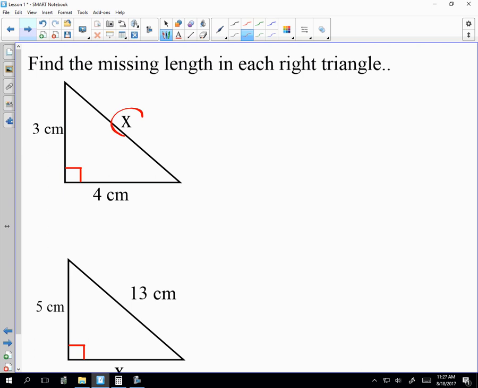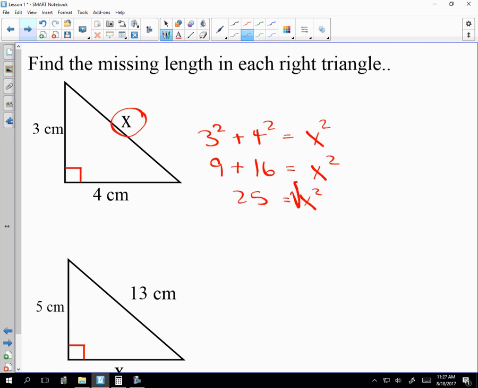So now we're trying to solve for the hypotenuse. We have the two legs, so 3 squared plus 4 squared equals x squared. 3 squared is 9, 4 squared is 16. So 9 plus 16 is 25, which is equal to x squared.